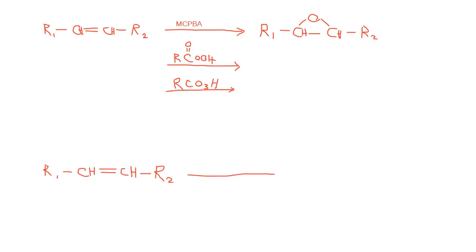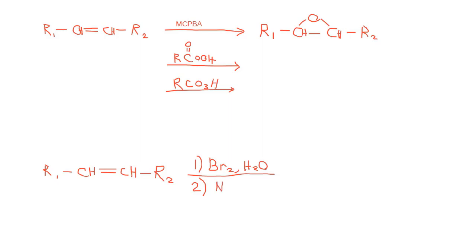Step one is halohydrin formation with Br2 in water. That's going to give you an OH on one side and a Br on the other, and it's going to be an anti-addition, not a syn addition.